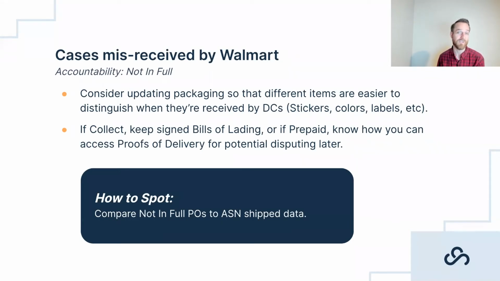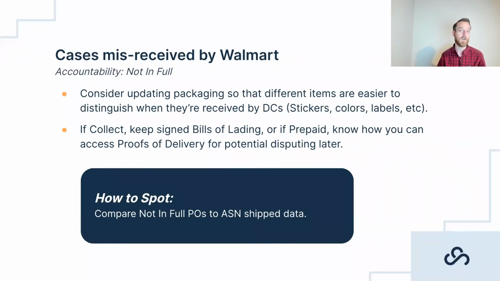Suppliers have gotten creative with packaging, with different colors or different labels, like literally animal stickers or other stickers that stand out and differentiate one item from another. That's the goal, because a common problem is Walmart receiving these pallets and miscounting. A lot of times they count item A as item B.